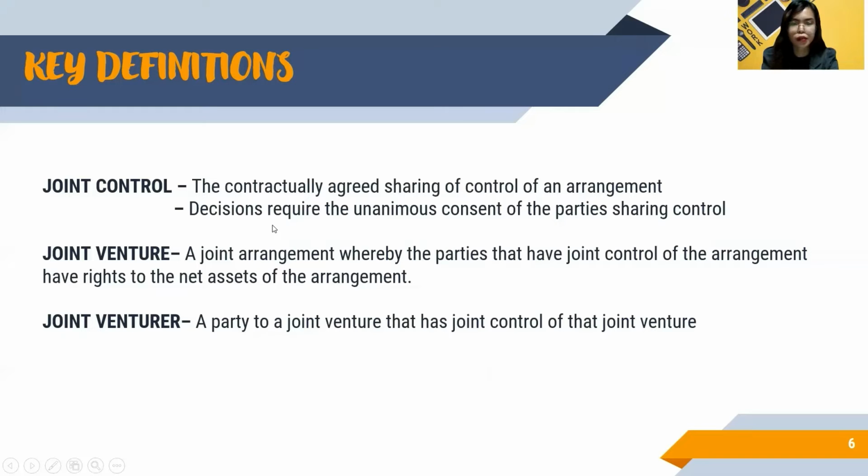It is the contractually agreed sharing of control of arrangement. So decisions here require the unanimous consent of the parties sharing control. And next is joint venture. It is a joint arrangement whereby the parties that have joint control of the arrangement have the rights to the net asset of the arrangement. And last, joint venturer. It is a party to a joint venture that has joint control of that joint venture. So this will be further elaborated by the next group.